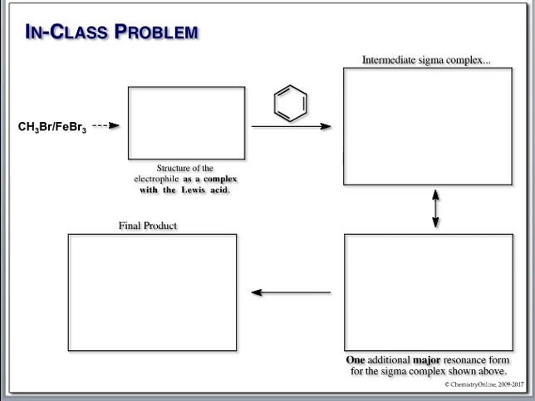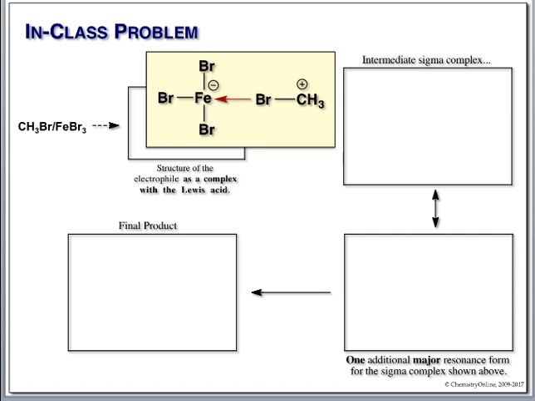Regardless which Lewis acid you're dealing with and which alkyl halide, what's going to happen is the Lewis acid, on your exam that's the aluminum chloride, on this is the iron 3 bromide, is going to form a complex with the alkyl bromide, or chloride, either one. Same thing, it is going to look like this.